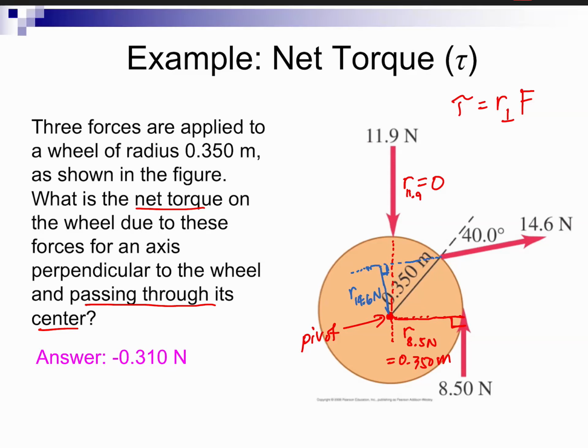It passes through the pivot and it's perpendicular to the force. This dashed line here is just the extension of the force. It's necessary to extend the force for you to see where you can draw this line that's perpendicular to the force. If this is 40 degrees, then this will also be 40 degrees. So the moment arm here will be a sine theta function.